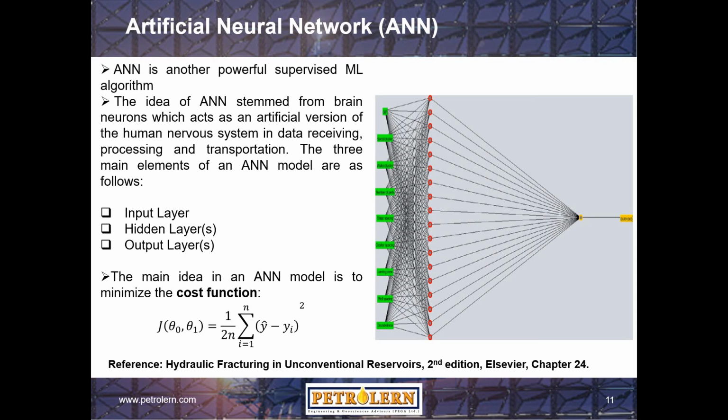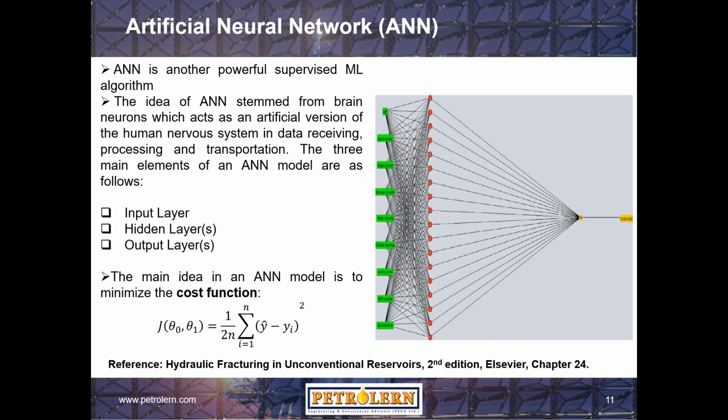Even if you have heard of ANN, it might sound too complex and too sophisticated, but the concept is actually very simple, and it's really not that difficult once you understand the underlying concept behind it. So just remember, the idea in an ANN model, like many other machine learning models, is to minimize the cost function.